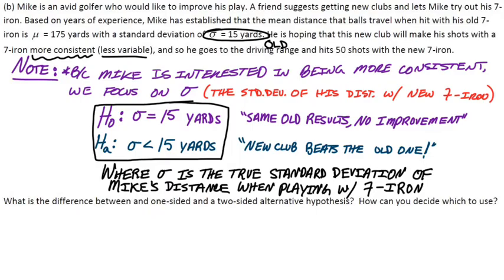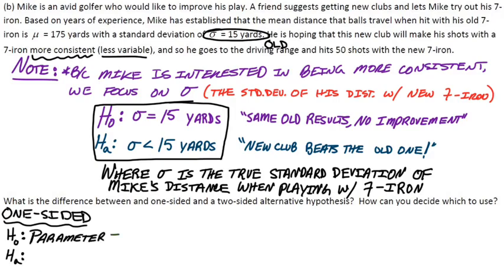All right, in the bottom of the notes here, what's the difference between a one-sided and a two-sided alternative hypothesis? And how can you decide which to use? So what we've seen so far, they've been one-sided alternative hypotheses. So we've got the null, we've got the alternative. The null will always have the parameter equals some value.